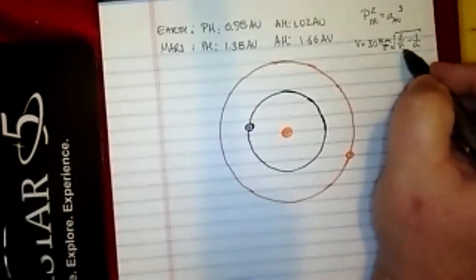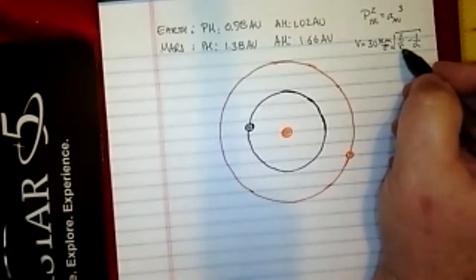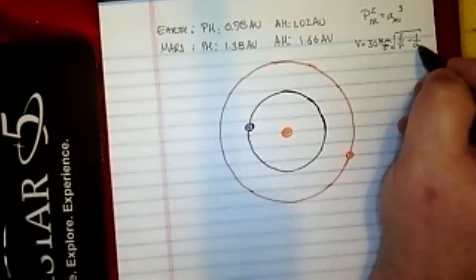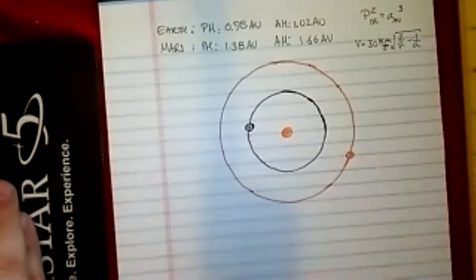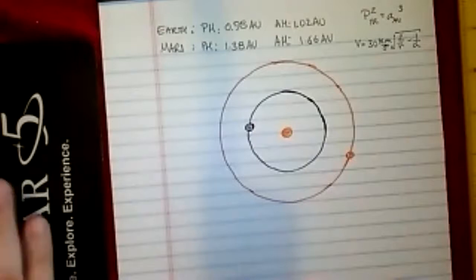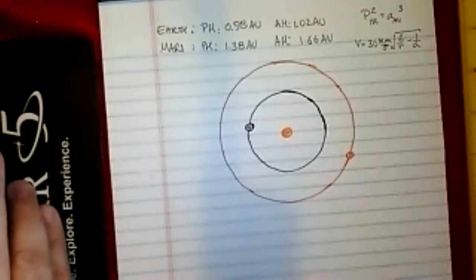Again, r is the distance from the sun for the object at that point in its orbit, and a is the semi-major axis for the object's orbit. So that's what we'll be calculating later.